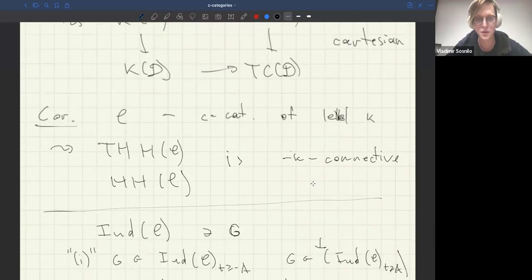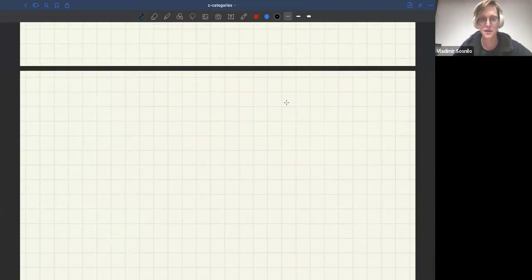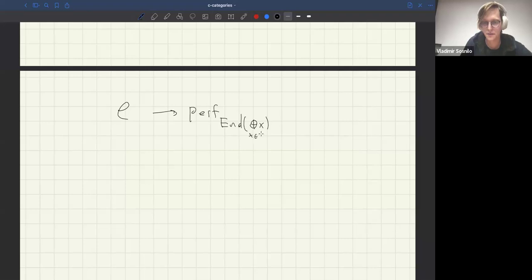Let me quickly say it. You start from some bounded weighted category C, and then you can take the category of modules over the endomorphism ring of the sum of all the generators, so all objects of the hard, say.